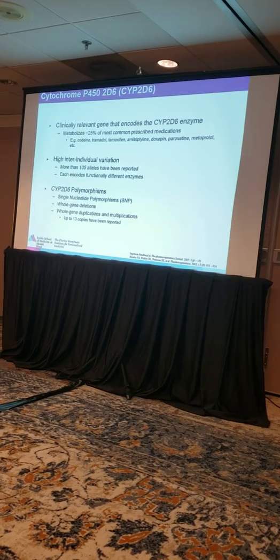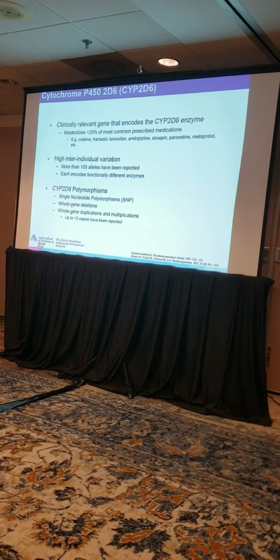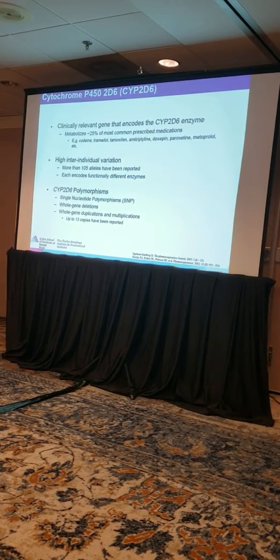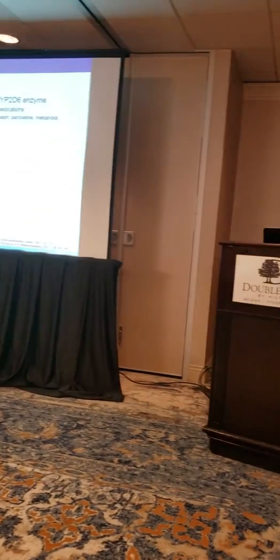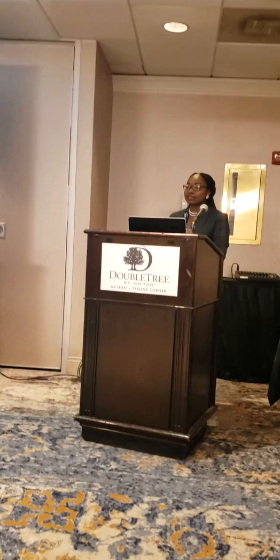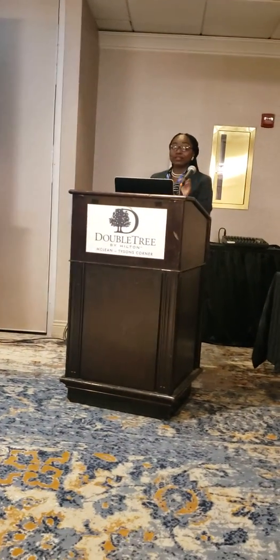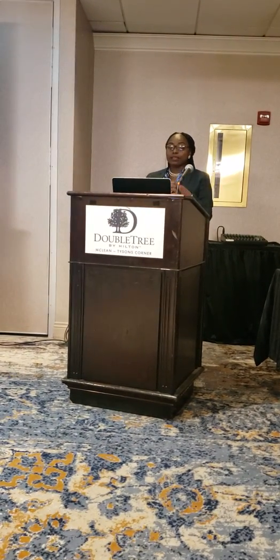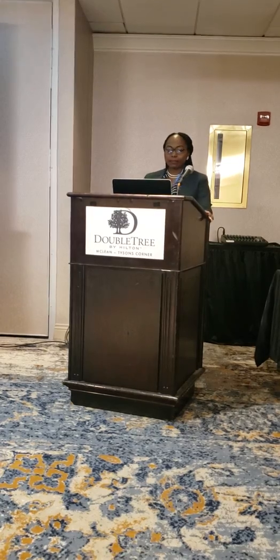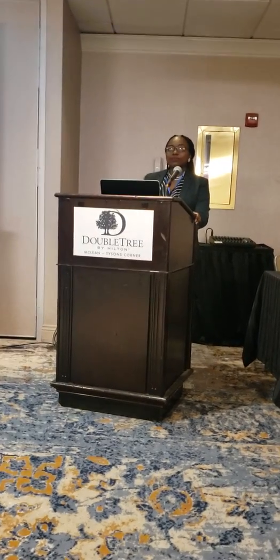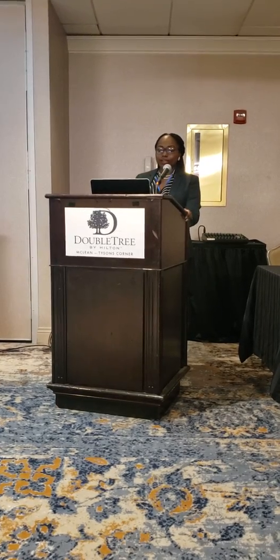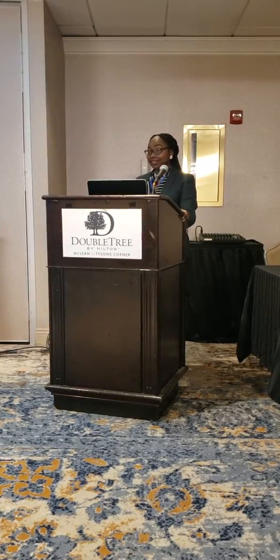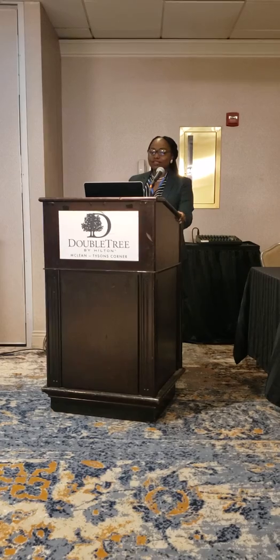When it comes to the cytochrome P450 enzymes, the genes that encode them carry the same name. So sometimes in literature, you see the name italicized, and when it's italicized, it's in reference to the gene and not the enzyme, because they carry the same name. It metabolizes about 1 in 4 of all commonly prescribed medications. So 2D6 is important. If you need to know any gene in pharmacogenomics, 2D6 is it.